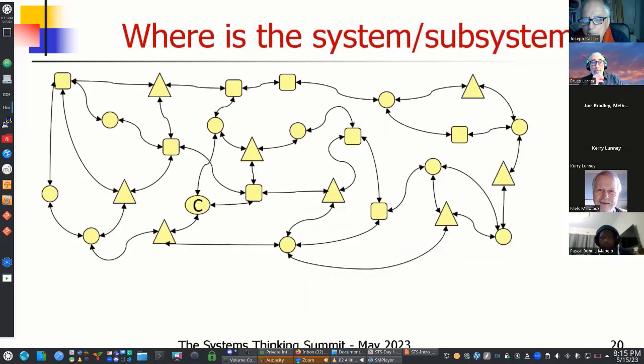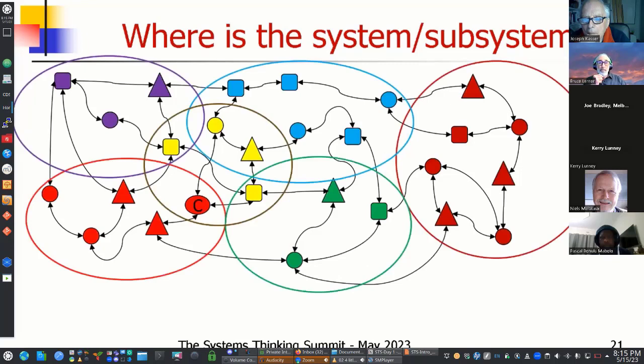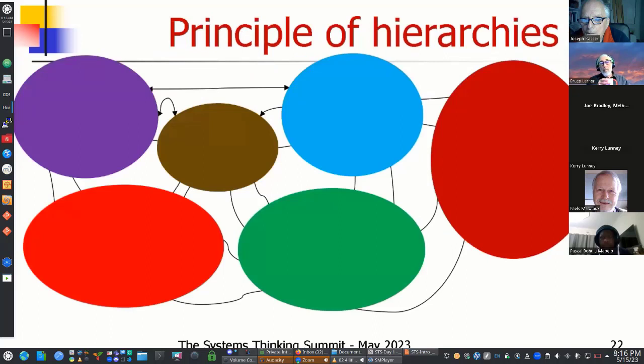So how do we use this? Well, here's an example of the real world. We've got components, they're interrelating to each other, and then there are more of them that go off screen. And what we do is we group them into subsystems in some way. Here are the subsystems that have been grouped together. 1, 2, 3, 4, 5, 6 subsystems.